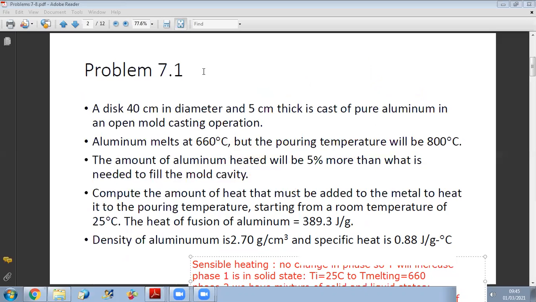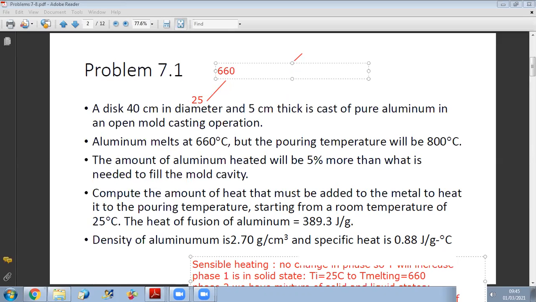So what will happen in the first phase, I will have a temperature increase. In the second phase, I will have constant temperature. And then once I reach the 100% liquid state, I will start to have a re-increase in temperature. So first I have an increase from 25 degrees to 660.